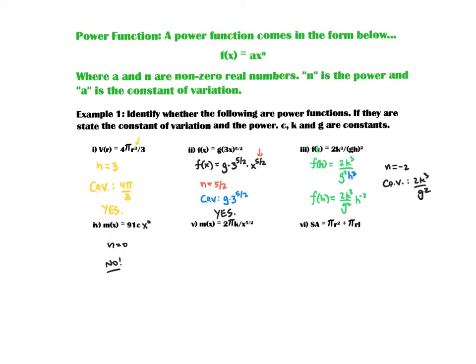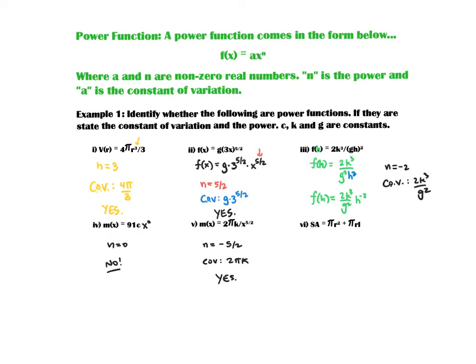Okay, and I could kind of breeze through here, but I could say in number 5 that n is negative 5 halves. That's the exponent on x. And our constant of variation is 2 pi k. All right, so yes, this would be a power function.